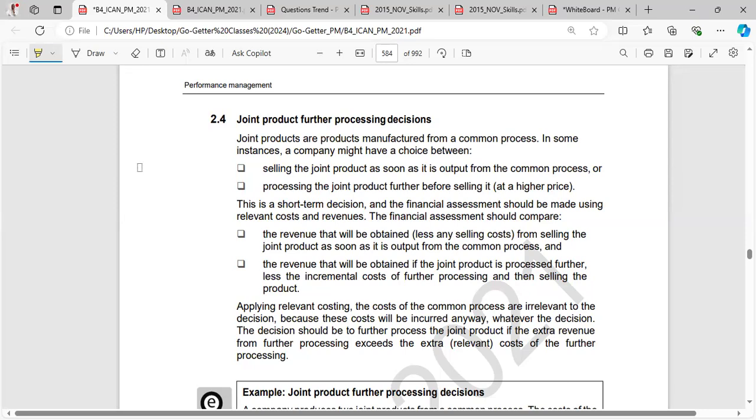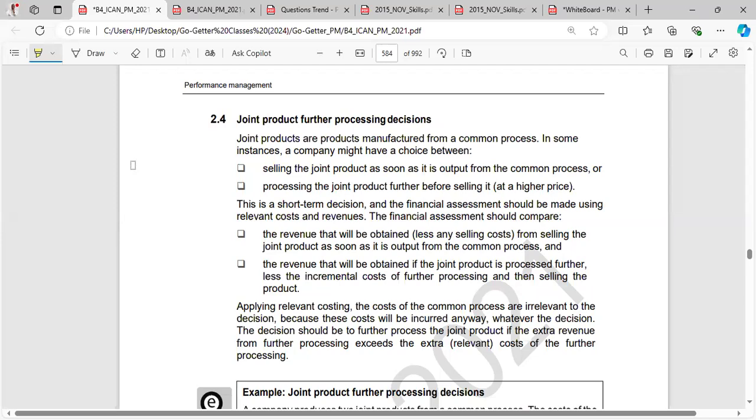Look at the example here, we have crude oil as a joint product. When you mine the crude oil from the ground, that is a common process, and it becomes crude oil.